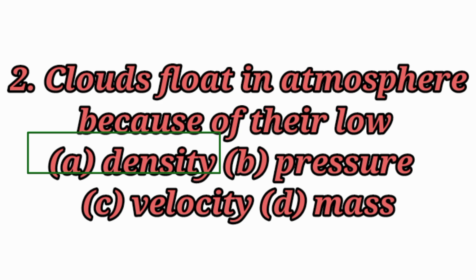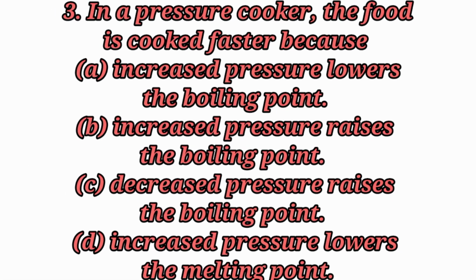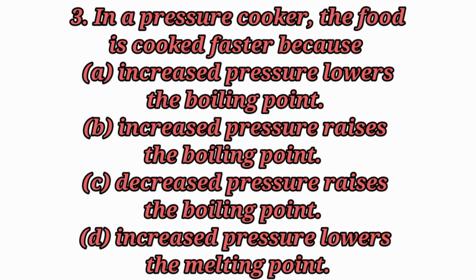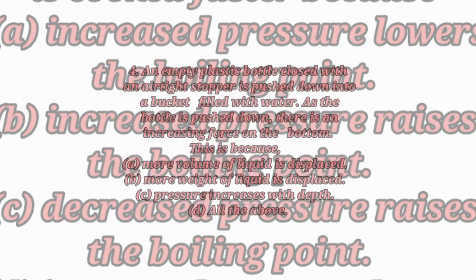Third question. In a pressure cooker, the food is cooked faster because, option B, increased pressure raises the boiling point.